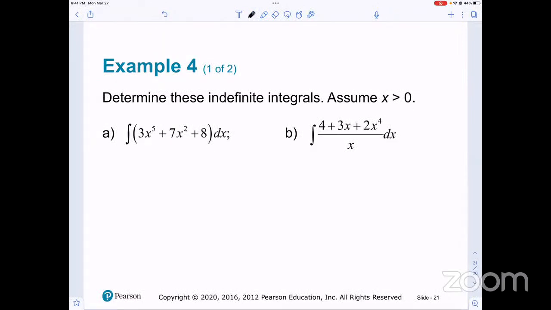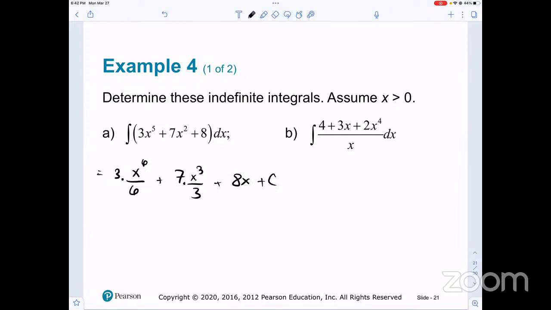If I focus on that first term, the x to the 5th becomes x to the power 6 over 6. And again, that 3 persists, so the 3 and the 6 are going to cancel each other. The 7 persists. X squared is going to become x cubed over 3. And then the integral of a constant is going to be 8x, and then plus a constant.